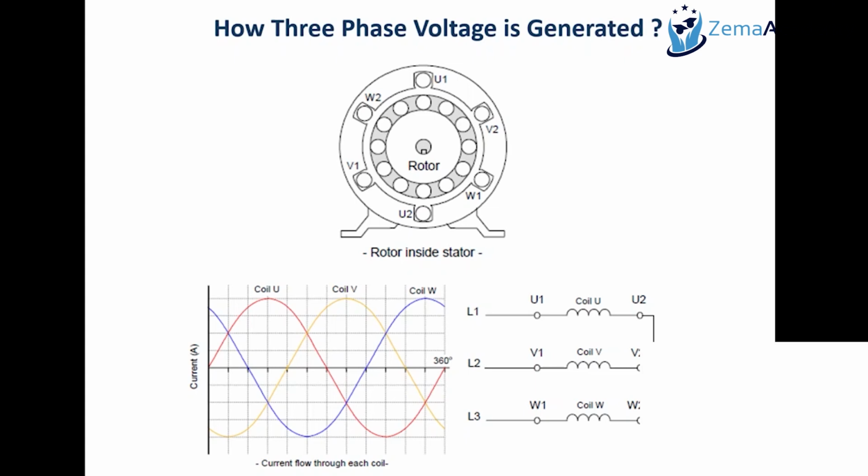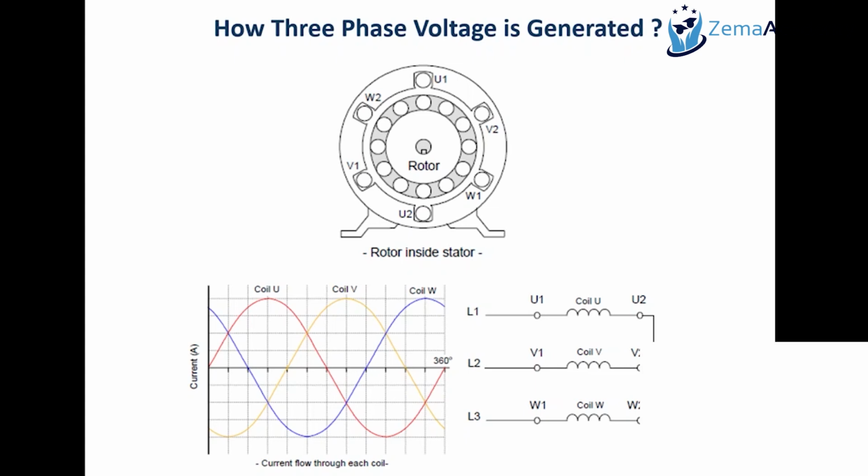So the question was how three-phase is generated. Well, it generates from the generator, and the generator has three sets of windings on the stator.